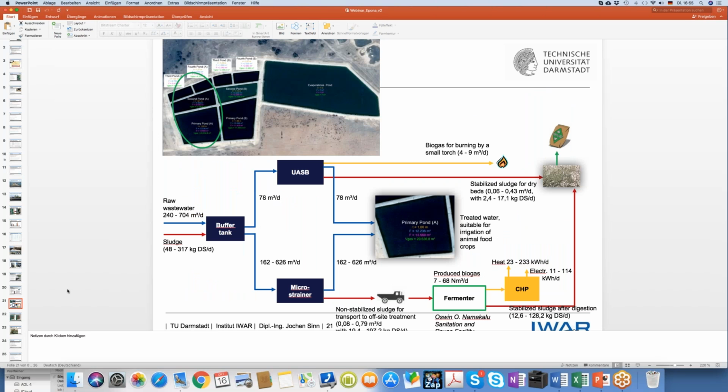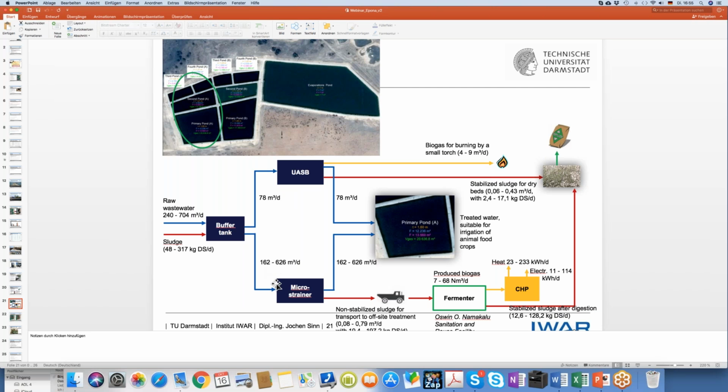Just a short overview. The raw water is coming into this buffer tank, and then we have about say 80 cubic meters a day to this upflow anaerobic sludge reactor, and much more.